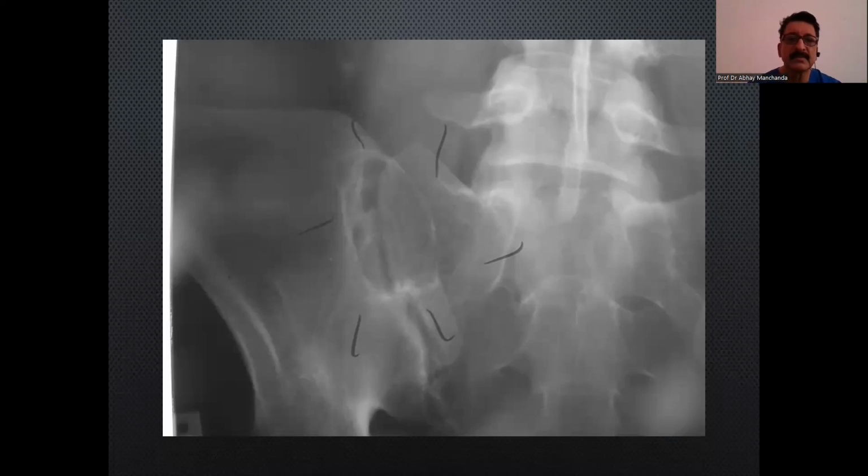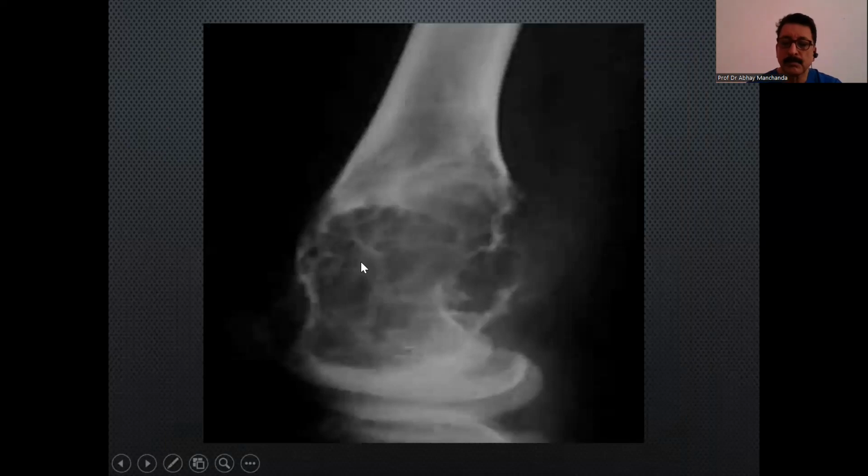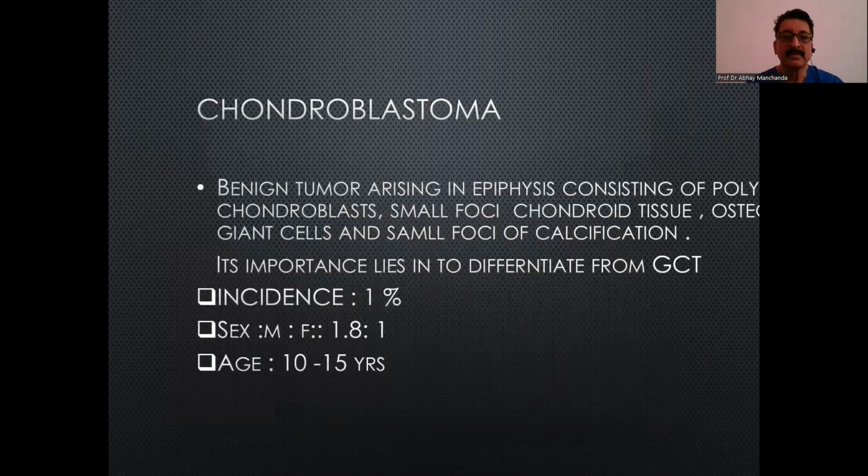This is the classic case we were discussing. It is another case of chondromyxoid fibroma, and you can see there is a fine trabecular pattern. It is in the metaphyseal area and very classical.